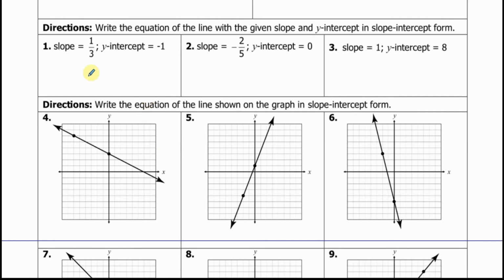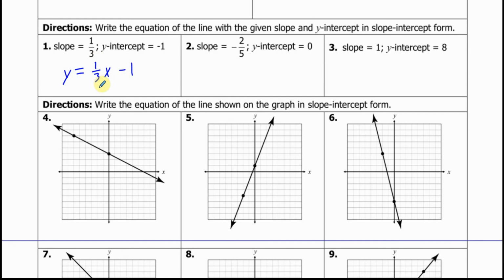So real quick review here of something we've done in previous days. Write the equation for the line that has this slope and this y-intercept. So y equals mx plus b.